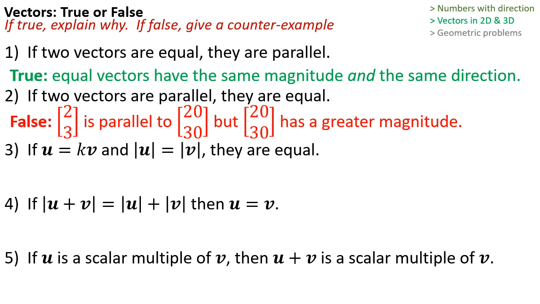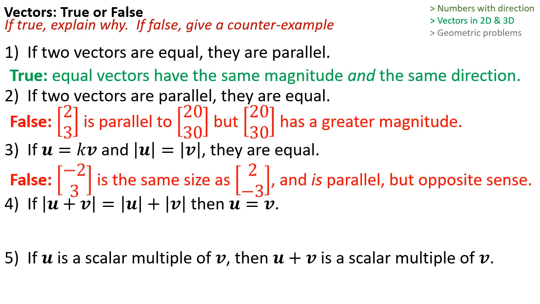Now it sounds like we're saying they're going in the same direction because I've got u equals kv, and they're the same size. So it seems like this should be true, because if they're the same size and going in the same direction, then they're equal, right? Well, if they were going in the same direction, then yes. But u equals kv doesn't necessarily mean they are going in the same direction.